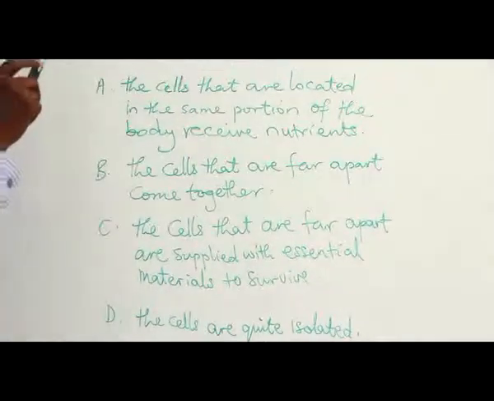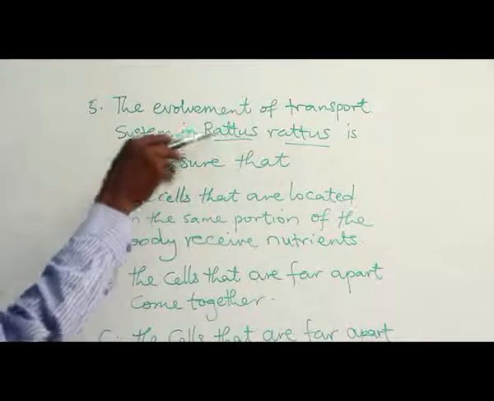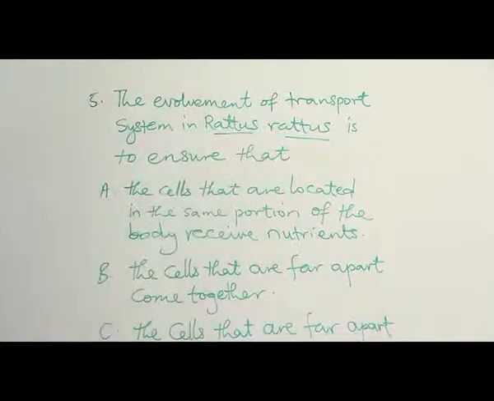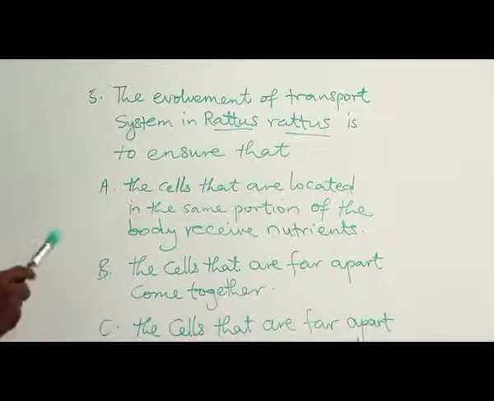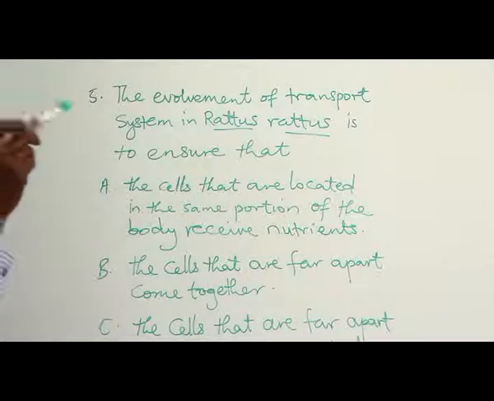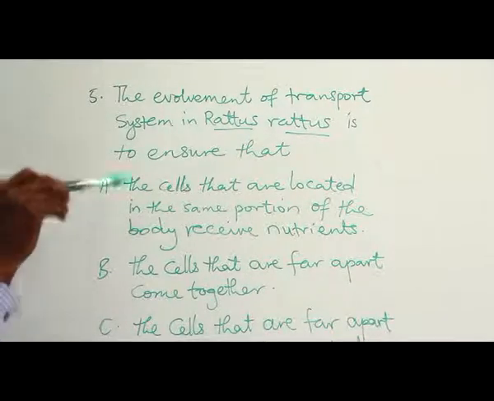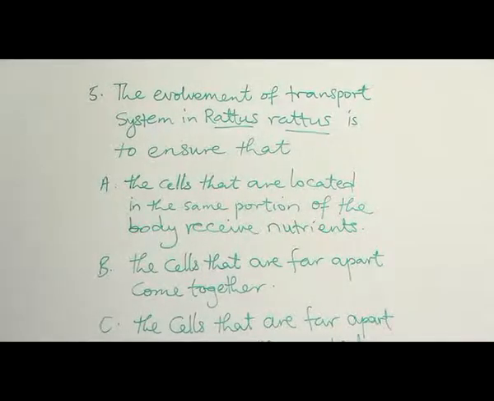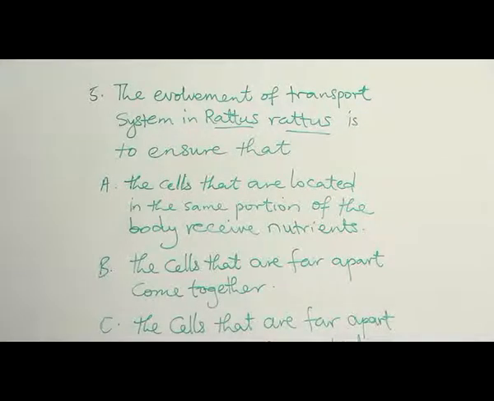Now we're talking about having a transport system in Rattus rattus. Rattus rattus is a rat, which is a mammal. We have a transport system to be able to transport material around the body and take it to every cell in the body. So which of the options agrees with this explanation?